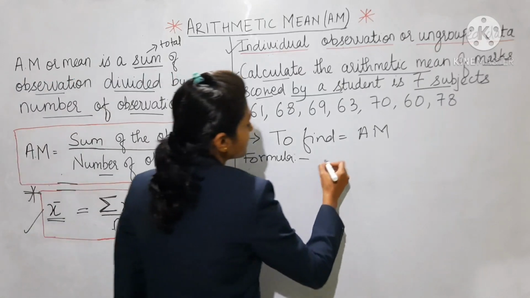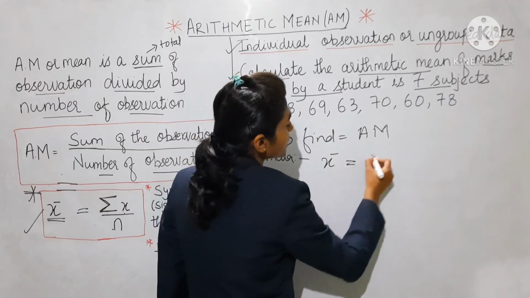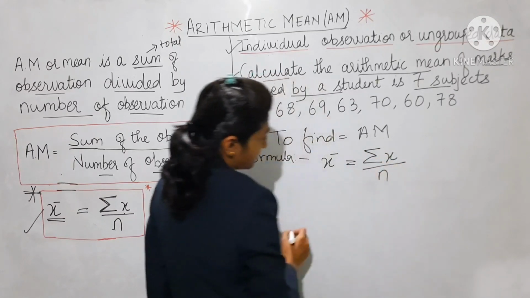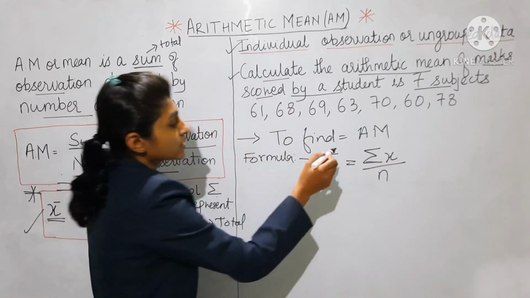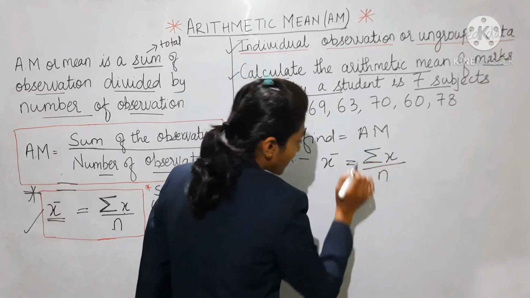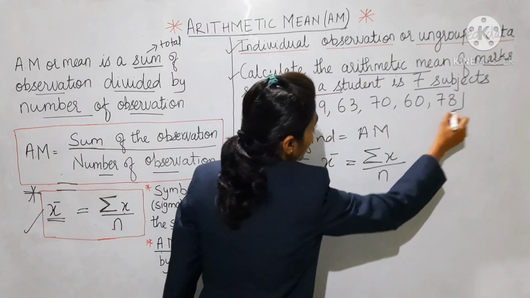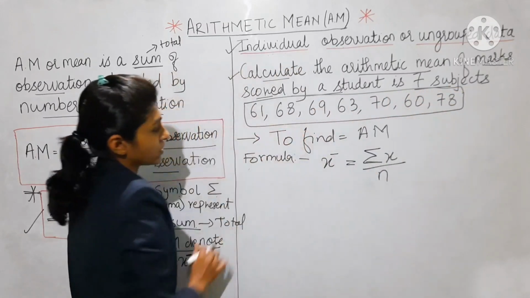Sigma means the sum, the total of x divided by n. X is these numbers, these observations.